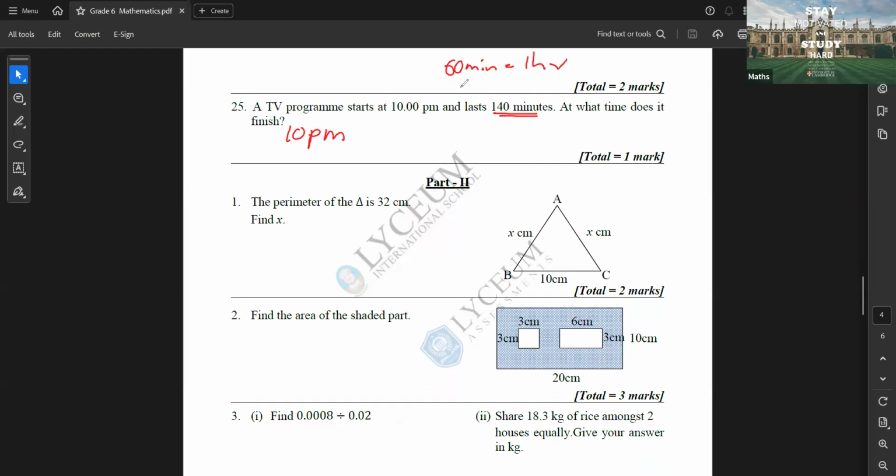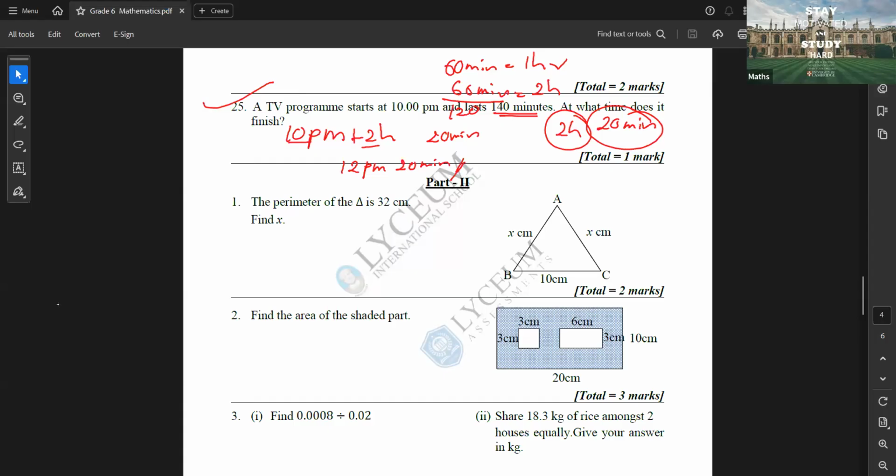So 140 means you can go 2 hours, which is 120 minutes, and again 20 minutes remain. So 2 hours and 20 minutes. So 10 p.m. plus 2 hours, and again 20 minutes remain. So 10 plus 2 is how much? 12. Right? That's how it works.